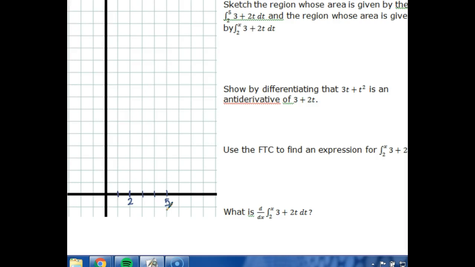Okay, let's actually antiderive it. So antiderivative here.